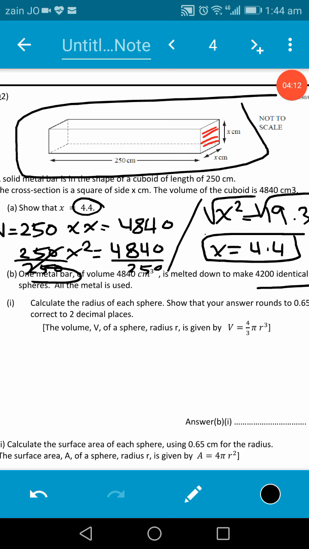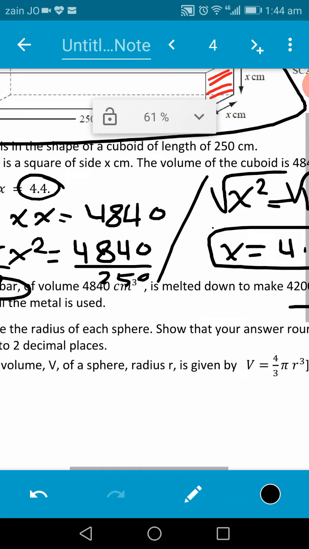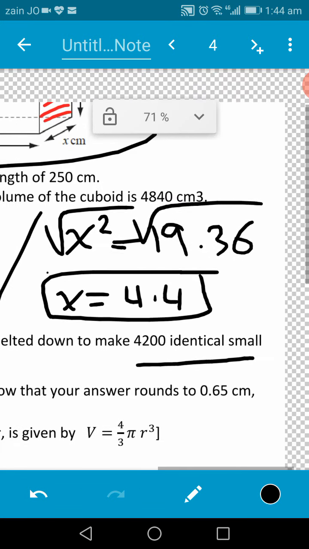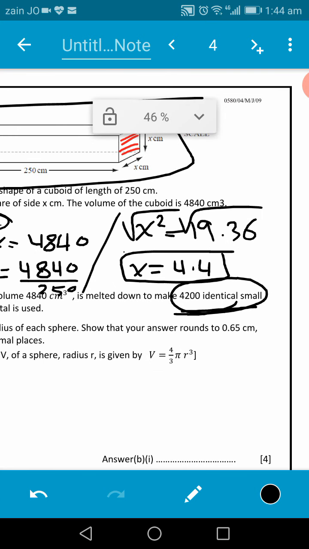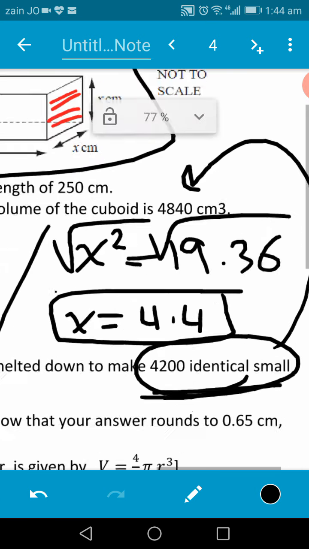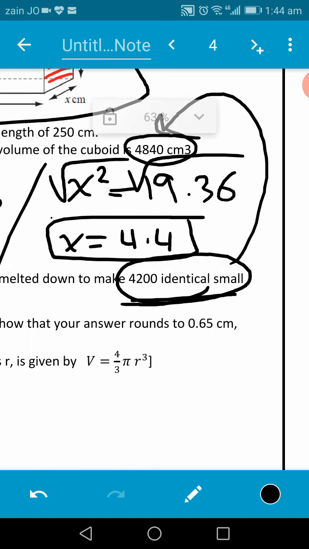So now you need to find the volume for one sphere, right? The volume for all the 4,200 small spheres is the same as the volume of the bar, which is 4,840 centimeter cube. This bar is melted down and becomes 4,200 small spheres.